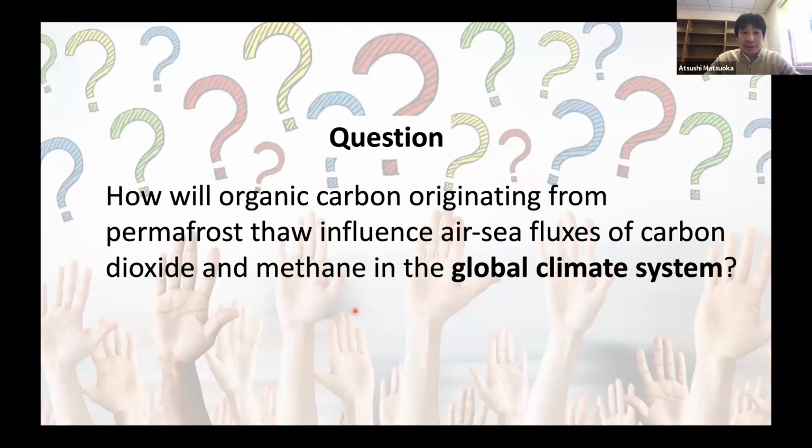So the question is, how will organic carbon originating from permafrost thaw influence sea fluxes of CO2 and methane? To answer this question, tracking the permafrost-originating organic carbon is essential.